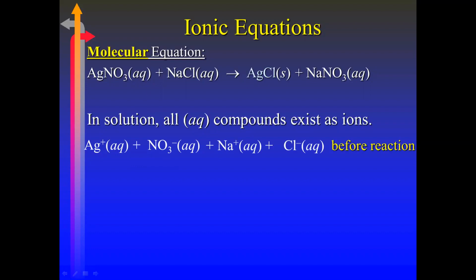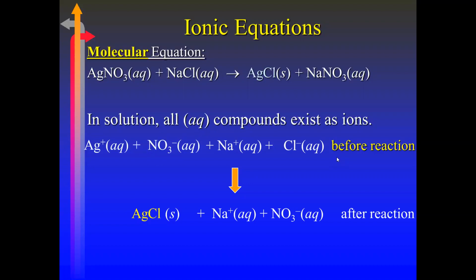Similarly, sodium chloride will be written this way before the reaction, and after the reaction, this one stays in solid form, so we cannot separate that one into ions, because it will not become ions in water solution.